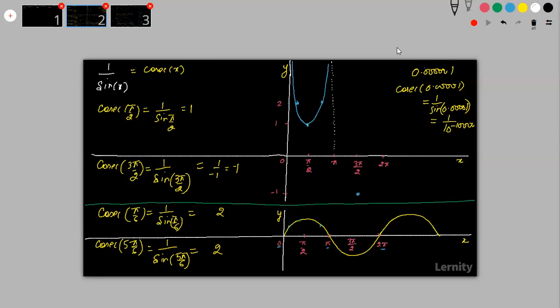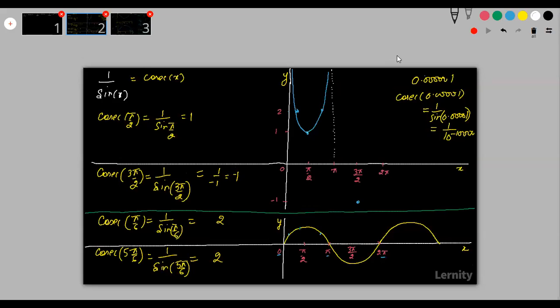These values will be undefined. It is periodic, right? So on the left side also it will be undefined, and on the right side also it will be undefined.